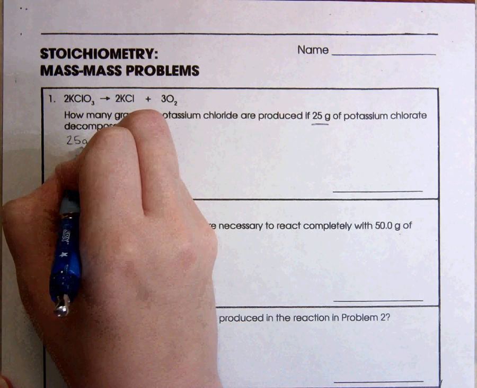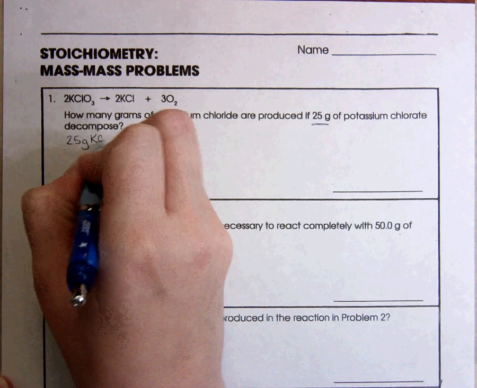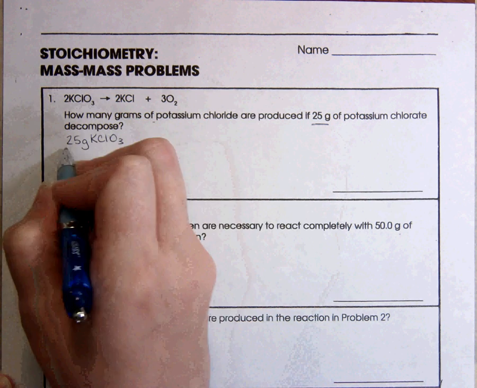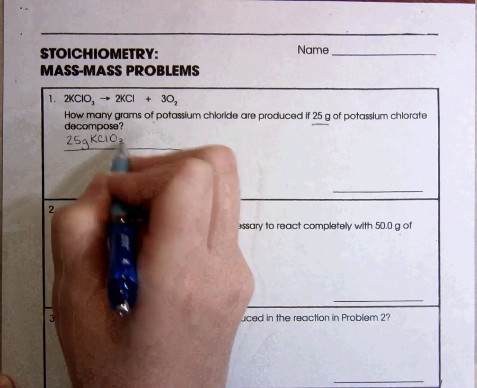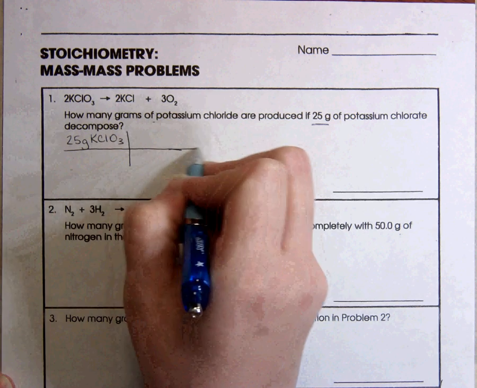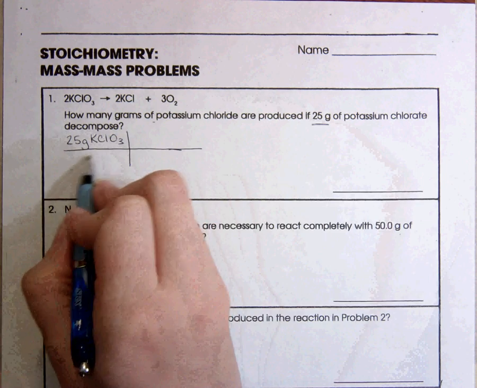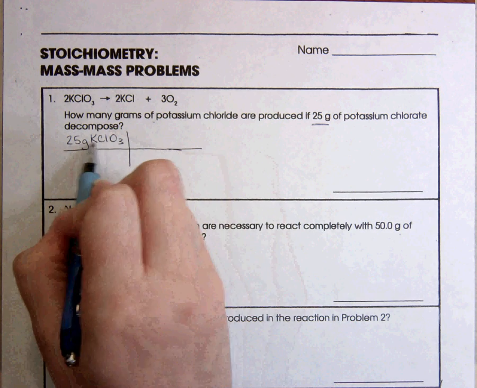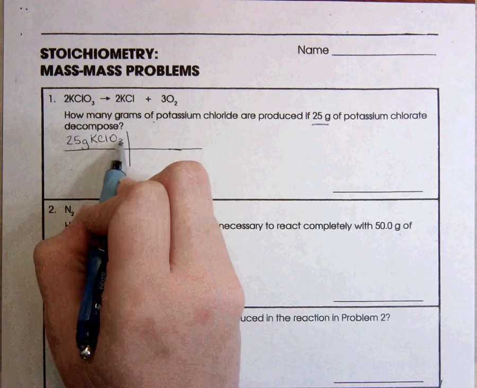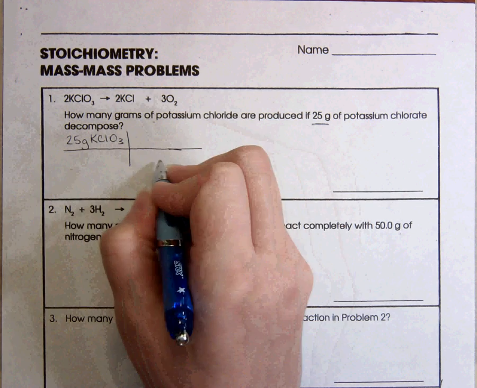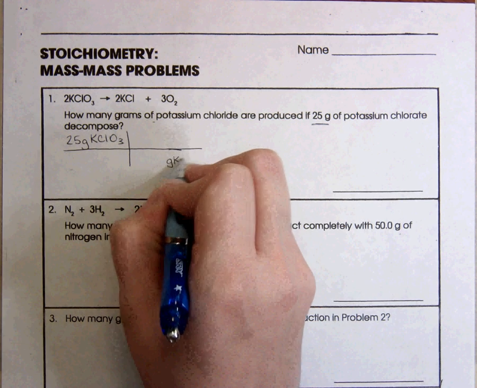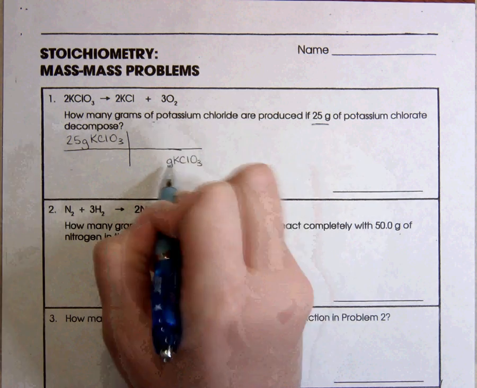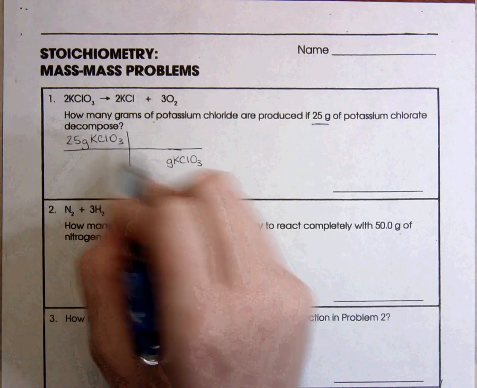25 grams of KClO3, which is potassium chlorate. And I'm going to start my crosshatch here. Remember, I don't write anything down here because it's understood to be 1. Now if I have grams of KClO3 on top, that means I need to have grams of KClO3 on bottom so that they'll cancel out.